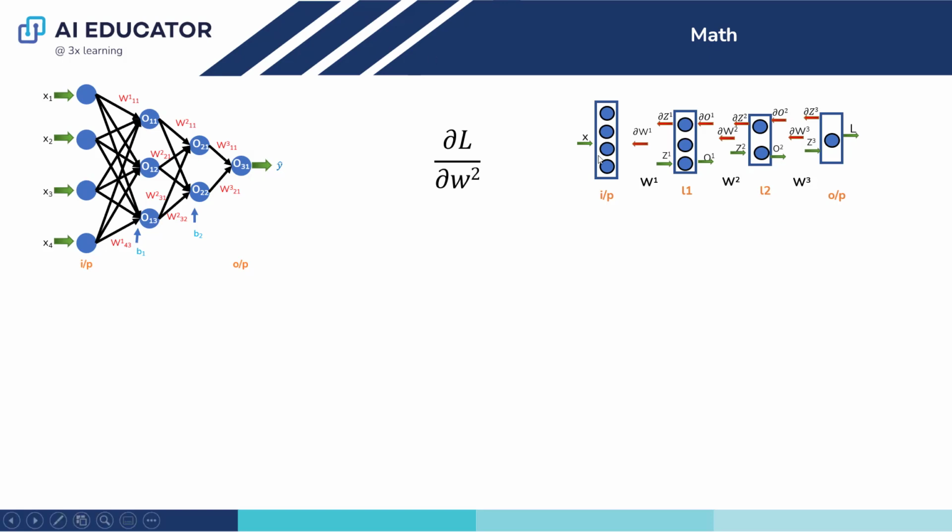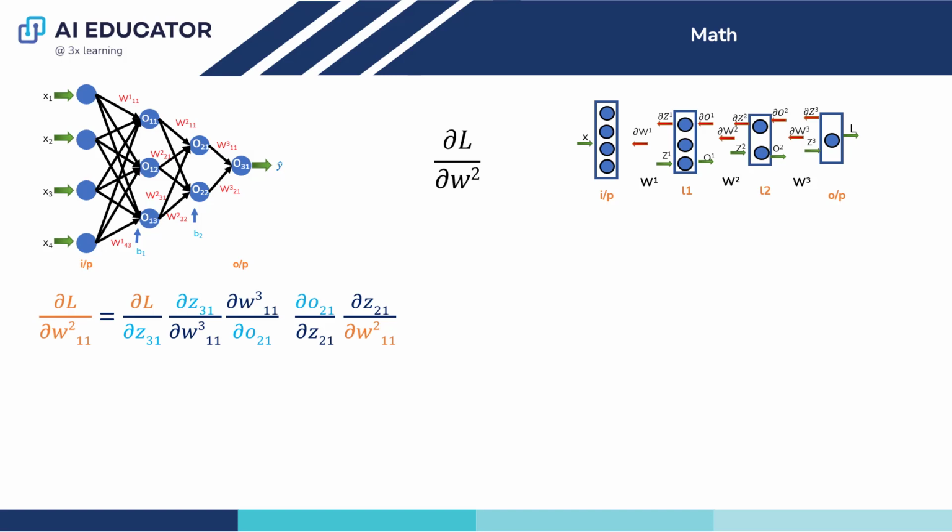Now let us calculate W211. In order to get to W211, first we go from ∂L to ∂Z31, and from ∂Z31 to ∂W311, and from ∂W311 we go to ∂O21. From O21 we can go to Z21, and from Z21 we can go to W211.